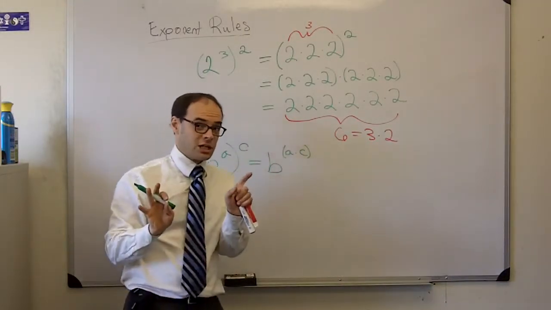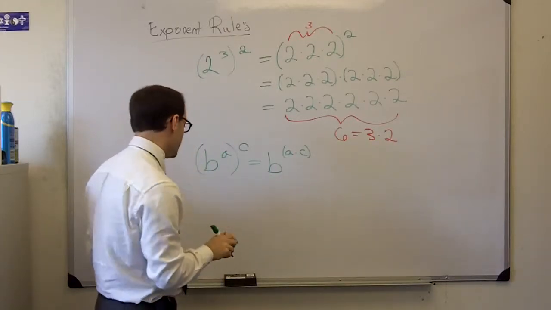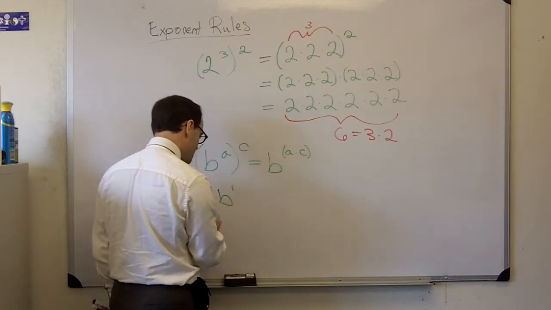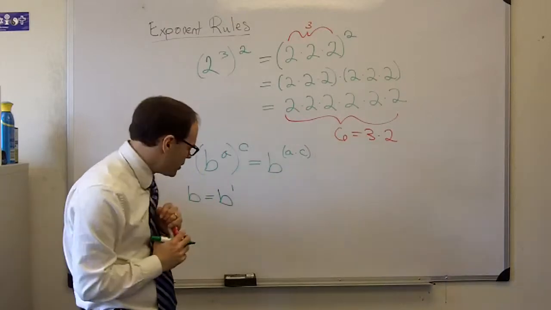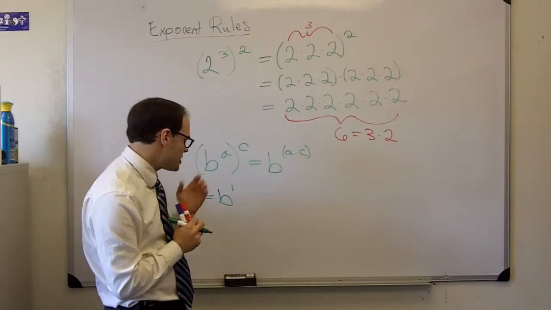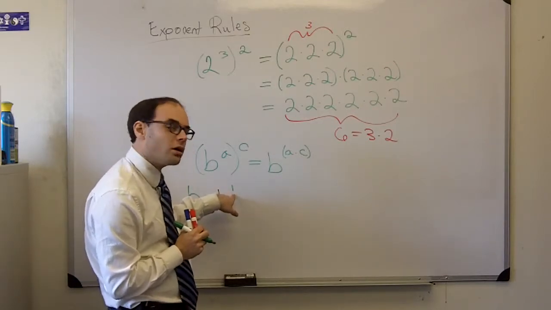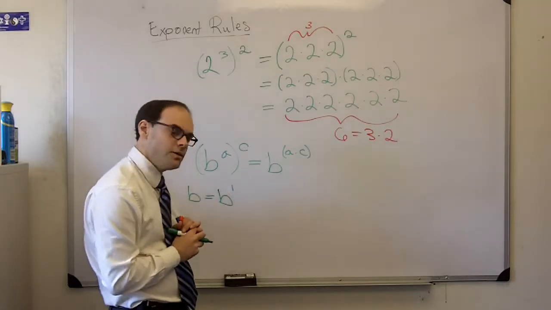Now I know everyone doesn't like fractions, but fractions are pretty handy here. Check this out. What's b to the 1? Well, that's just b. But when we looked at these negative exponents, we looked at putting in the 0, this is now a 1, and writing it a different way. What's 1 written in a different way?